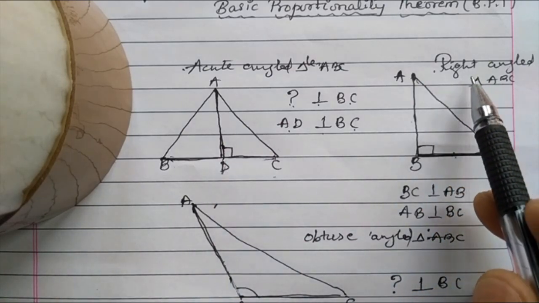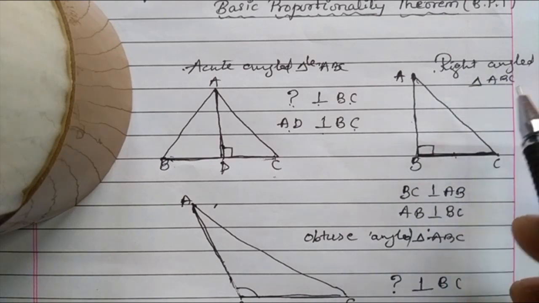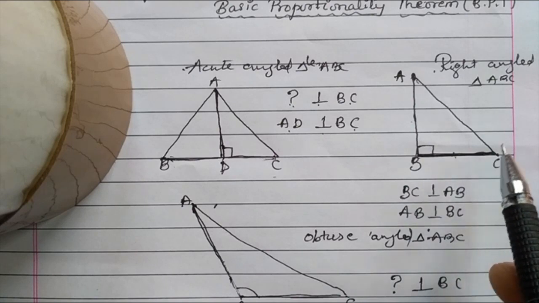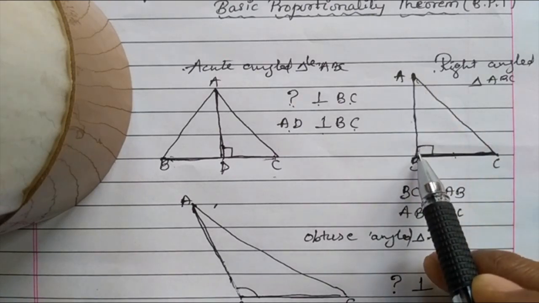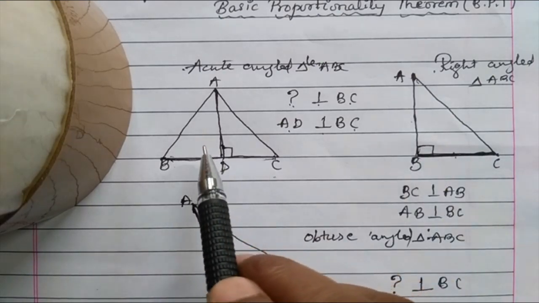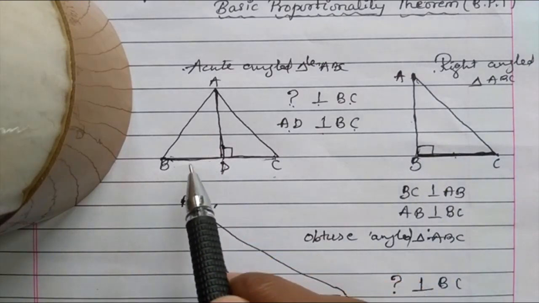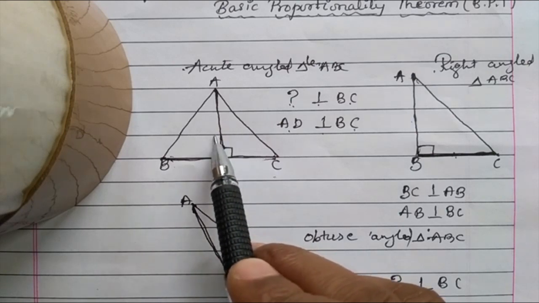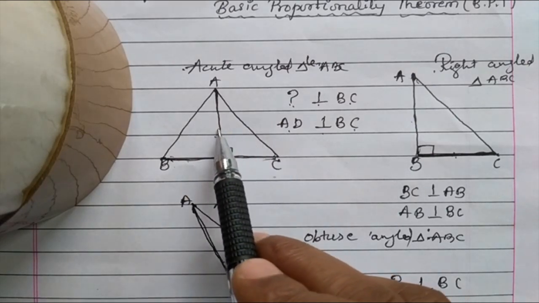The second example, right angle triangle ABC. In right angle triangle ABC, if you take BC as base, AB becomes its height. But in the previous triangle, acute angle triangle, for BC, height is inside the triangle. BC is a side, AB is not the side of the triangle.